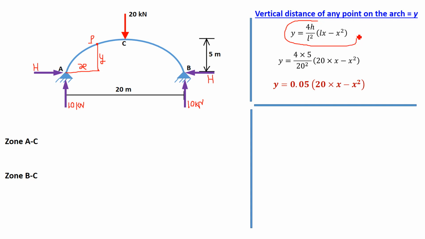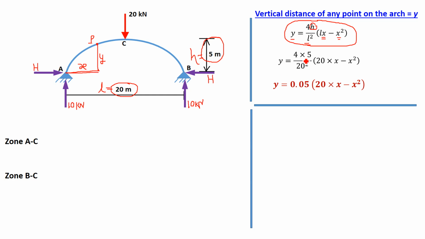This is the equation of the parabolic arch to find the vertical distance of any point on the arch if the horizontal distance is x. So y equal to 4h upon L square in bracket Lx minus x square, where h is the central rise, that is 5 meter here, and L is the span of the arch, which is 20 meter. x is the horizontal distance of that point.